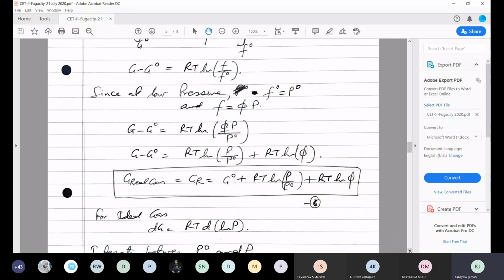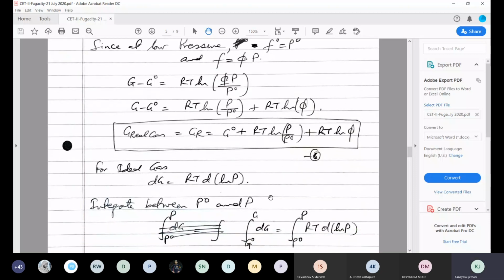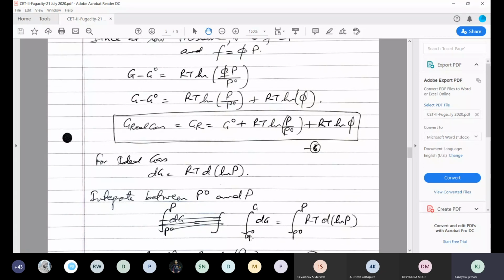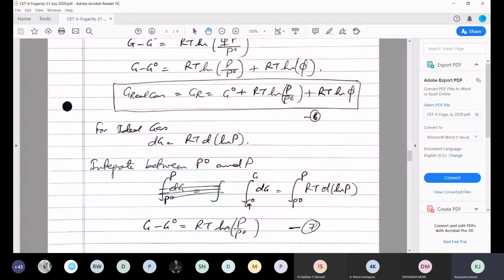And we have seen for ideal gas, dG is equal to RT d ln P. So if we integrate similar to the previous one between P0 and P, what we'll get is integral from G0 to G, RT d ln P, integral from P0 to P. So what we'll get is G minus G0 is equal to RT ln P by P0, which is for ideal gas.